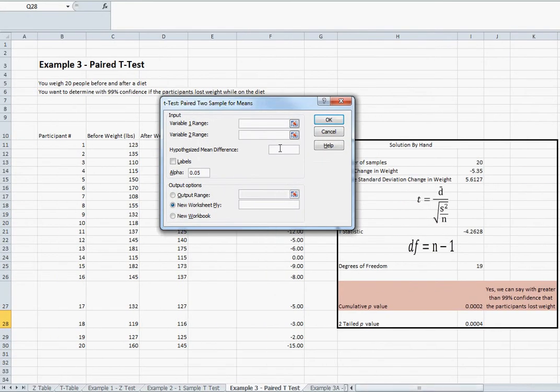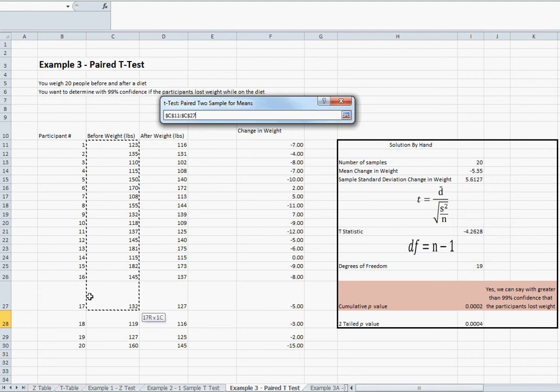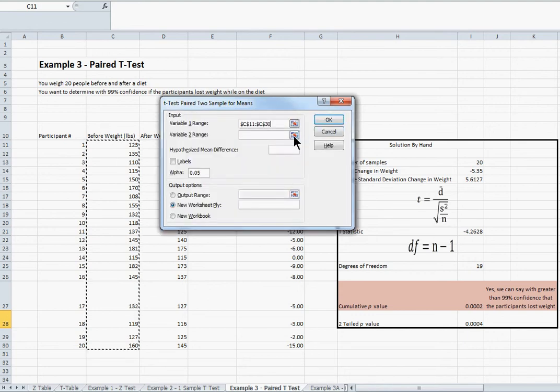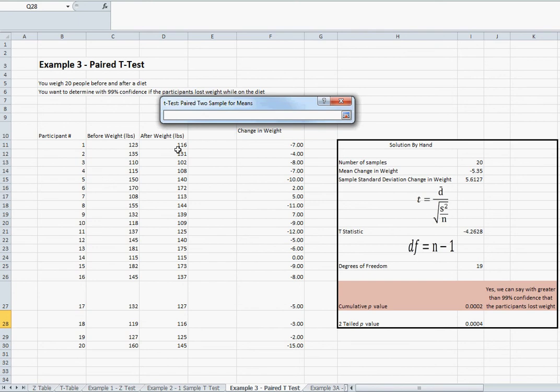So my first thing is once again I'm picking my ranges for the pairs, and since these are paired, you have to have the same count. So I can't select 20 here and only 10 there. Excel will throw an error.